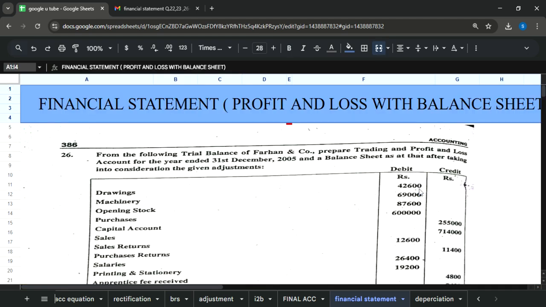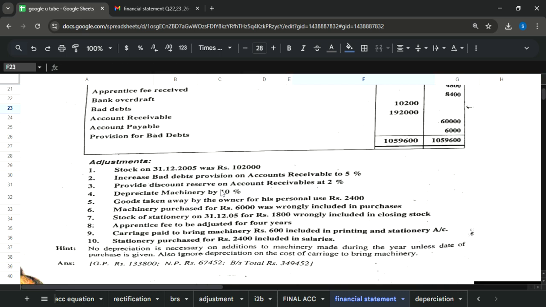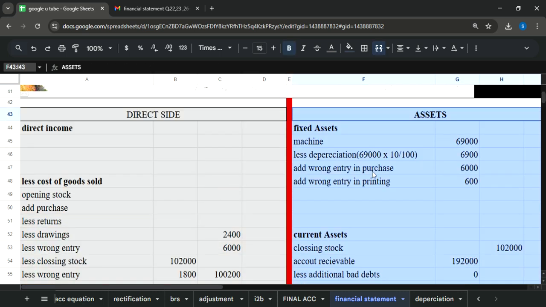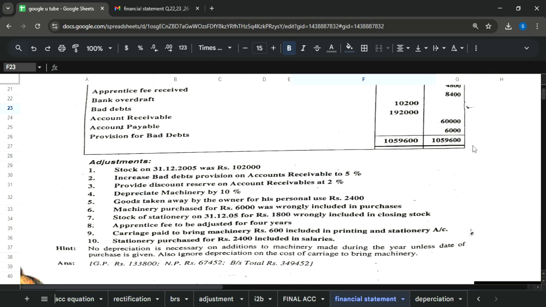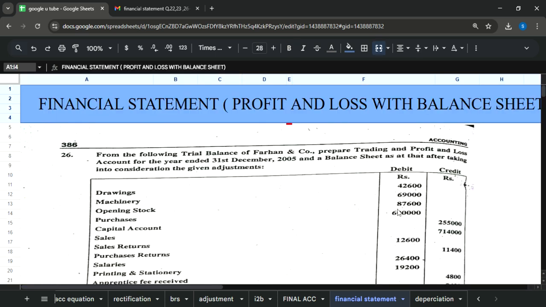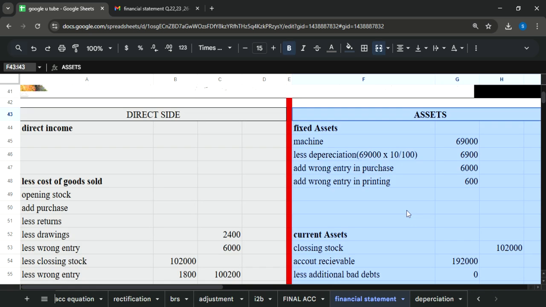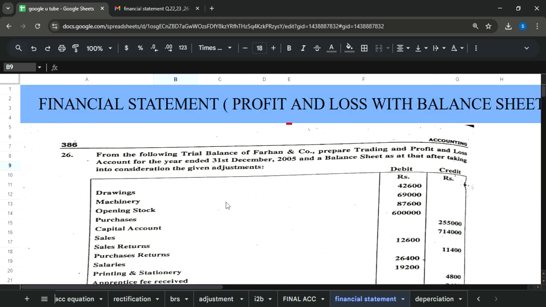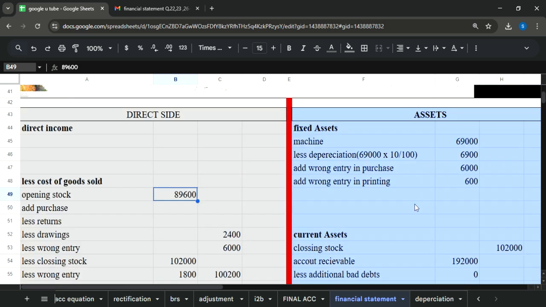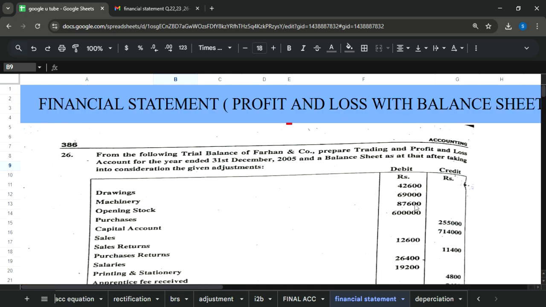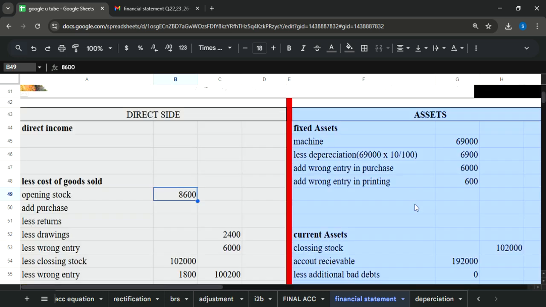After drawings, we have machinery 69,000. It is written already. Opening stock 87,600. So here you will write 89,600 opening stock. Oh, I again forgot the amount. 87,600.